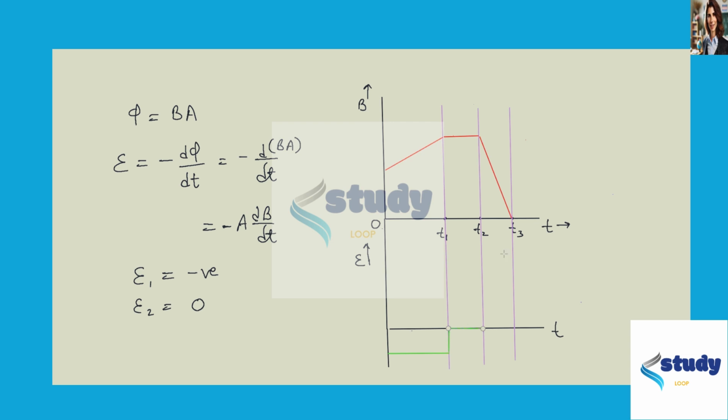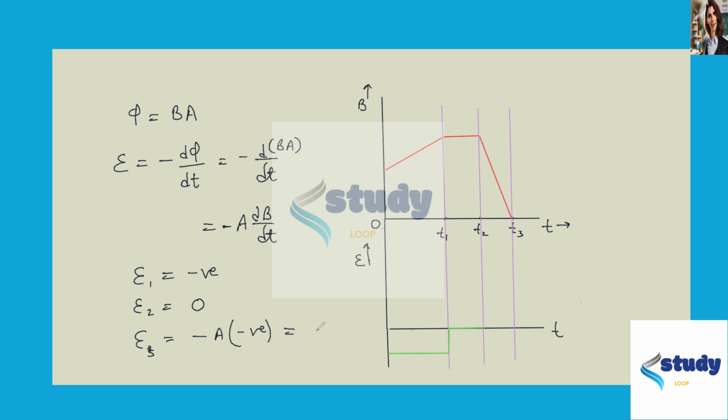Finally, for the time duration of t2 to t3, the magnetic field is reducing, so the magnetic flux will also be reducing. So the EMF induced will become negative of area multiplied by the slope, and the slope is negative.